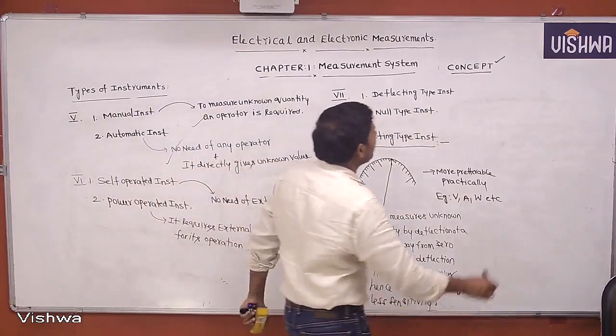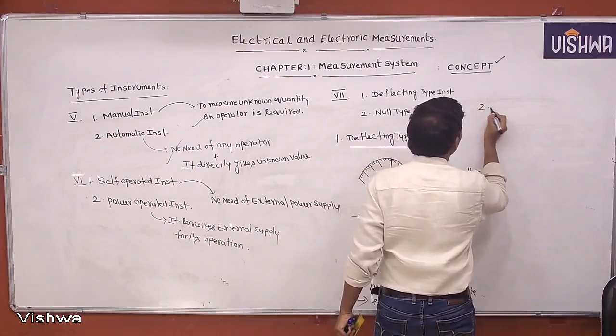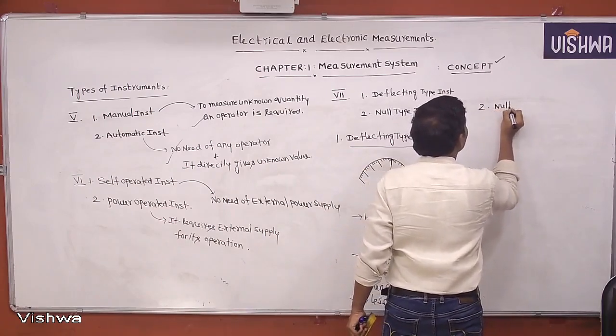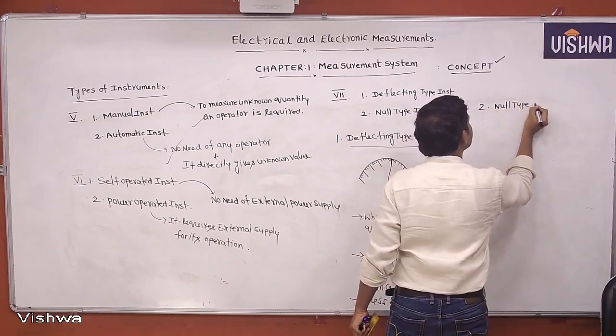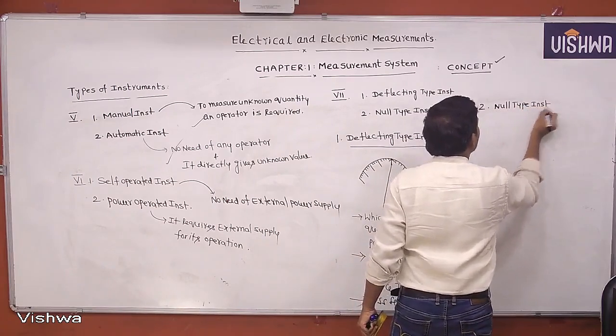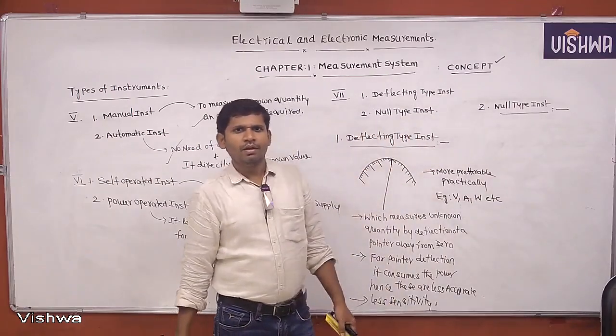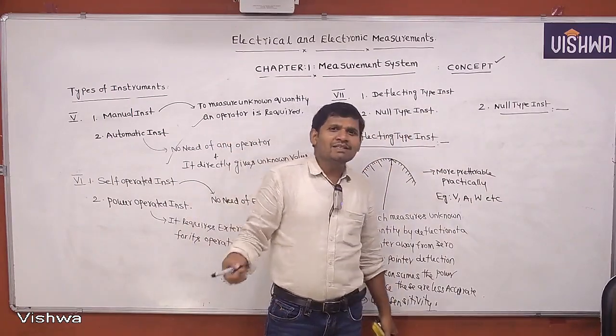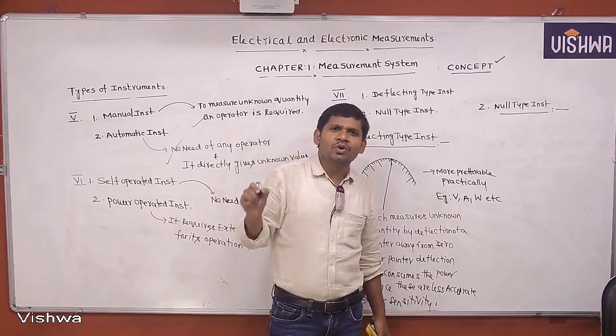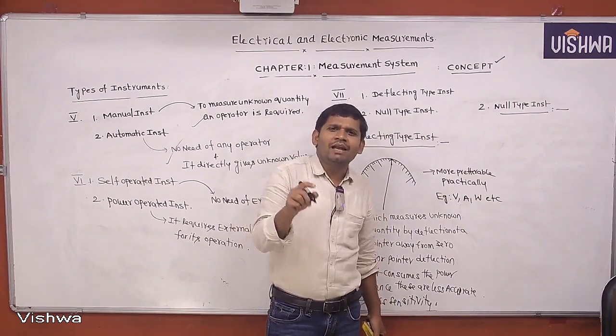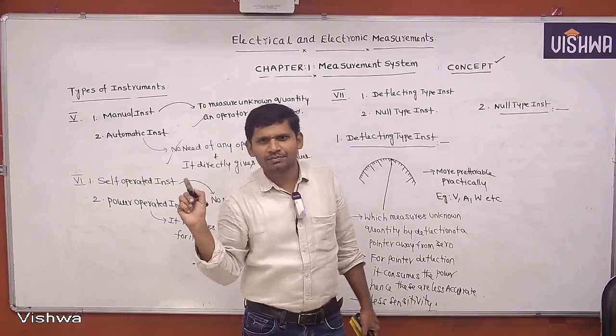Now, null type instruments, or zero deflection type instruments. How does this instrument measure the unknown value? It measures the unknown reading based on the null deflection or zero deflection principle.